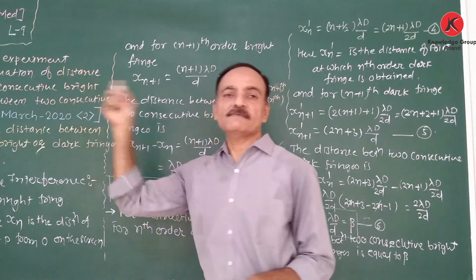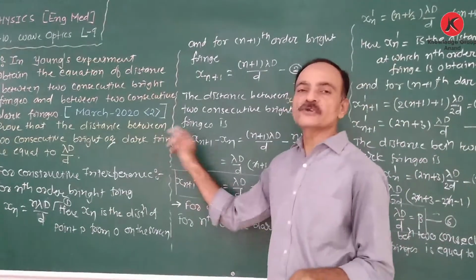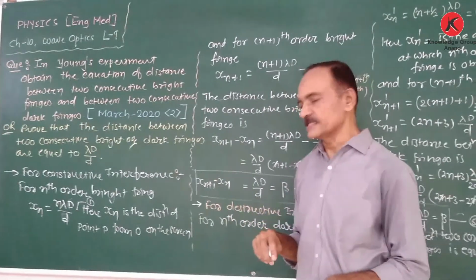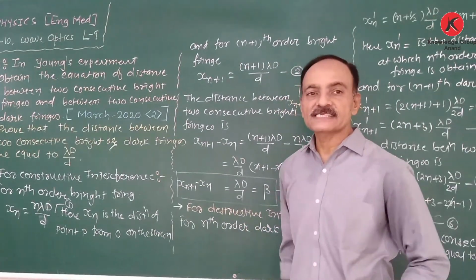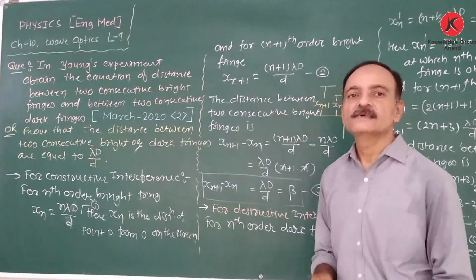Again, what is our aim? Our aim is to obtain the distance between the two consecutive bright fringes or the two consecutive dark fringes. For that purpose, we directly accept what we already discussed in Young's double slit experiment.